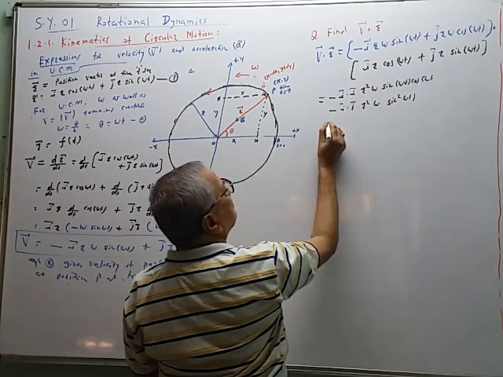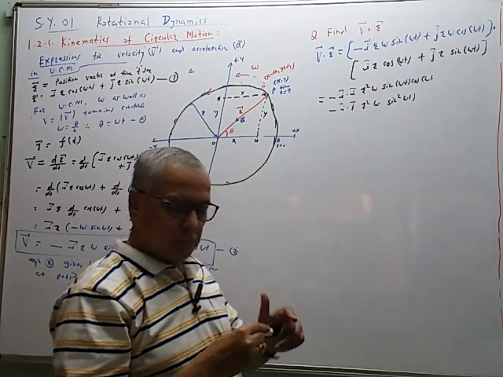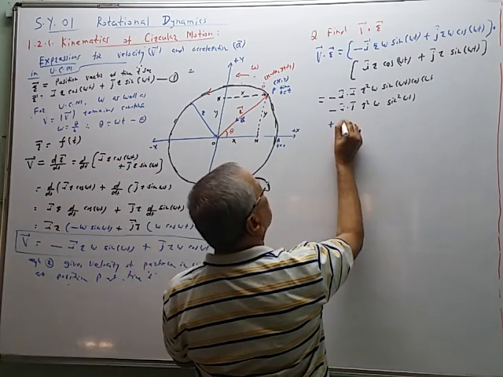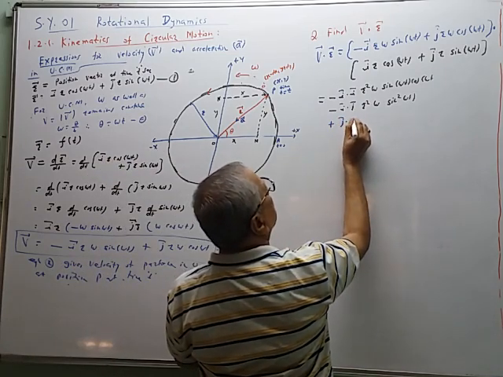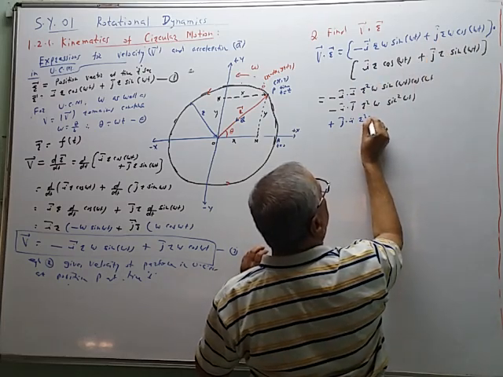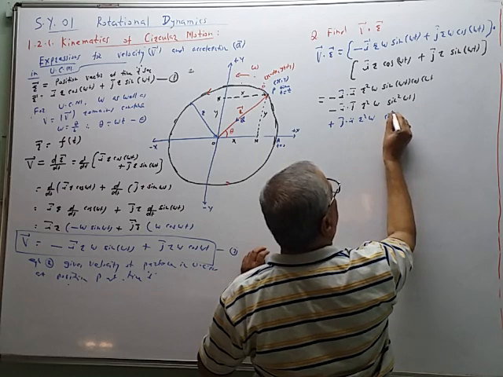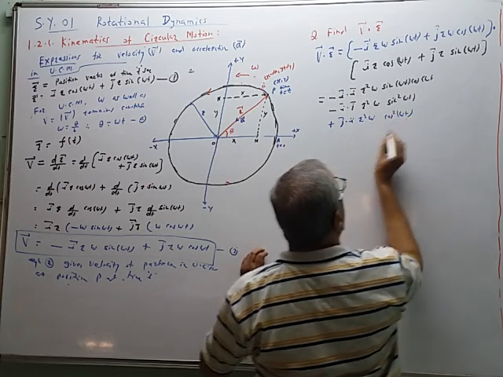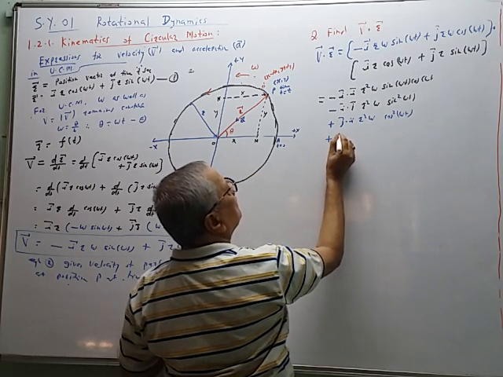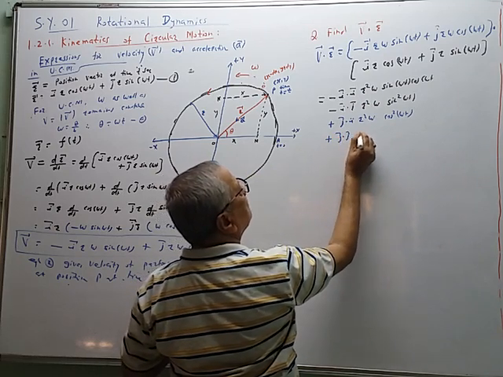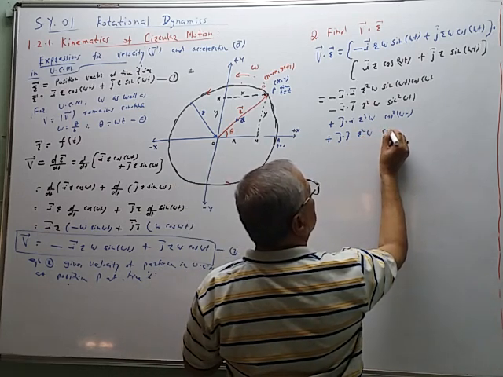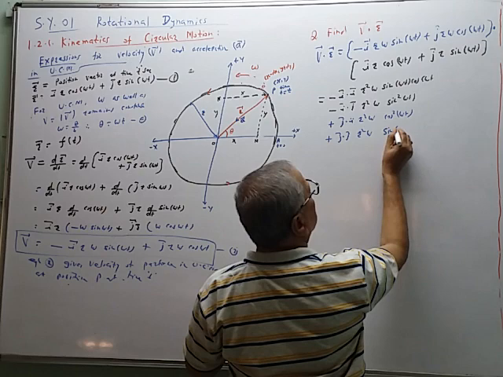Then the j terms: plus j dot i r into r square into omega into cos square omega t, and the last term is j dot j r square omega cos omega t sin omega t.